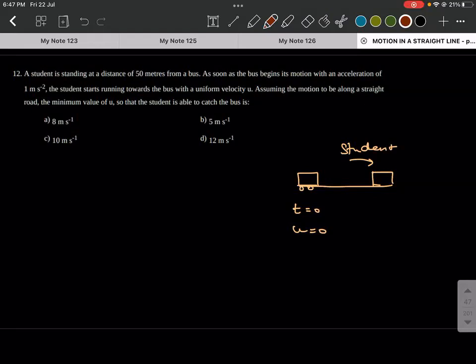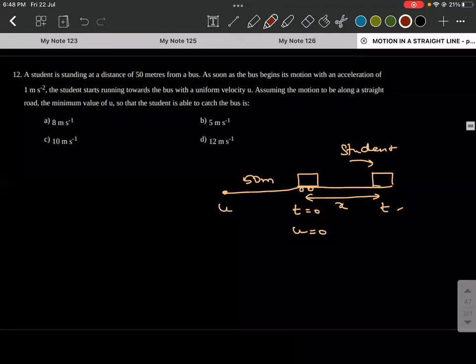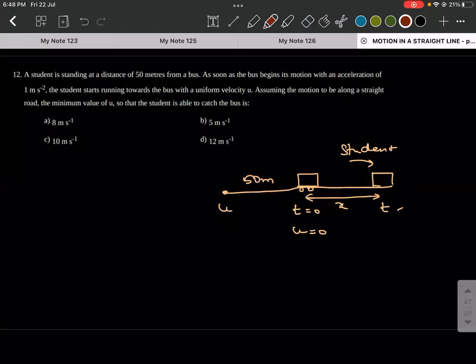But where was the student initially? He was 50 meters behind. And let's say the bus has traveled a distance x in time t. So in the same time t, the student starts running towards the bus with a uniform velocity u.